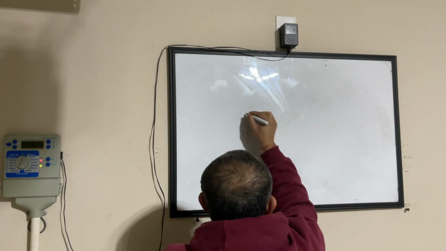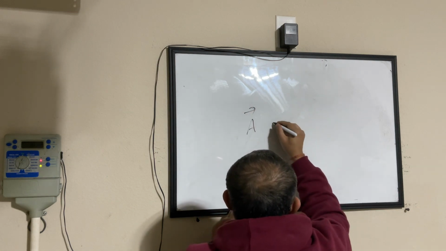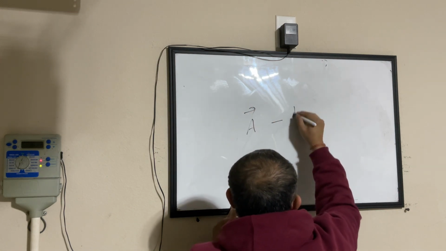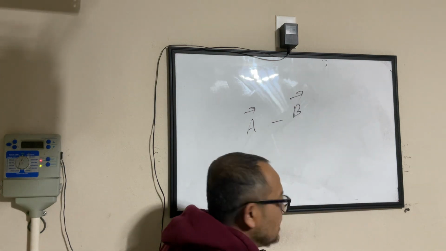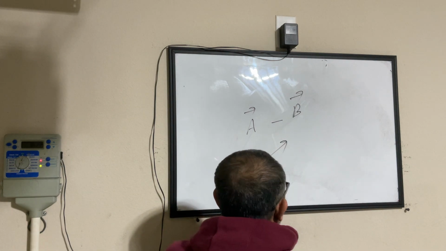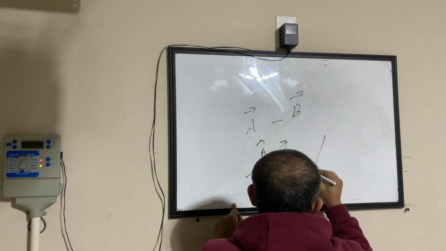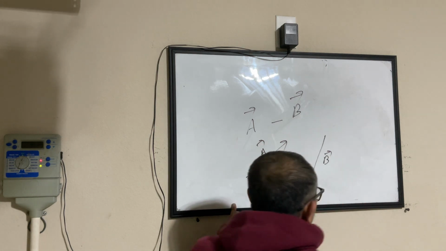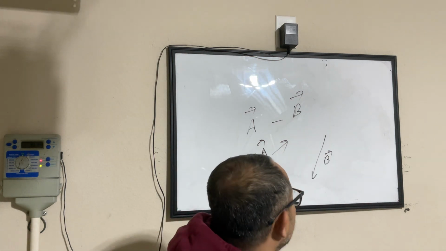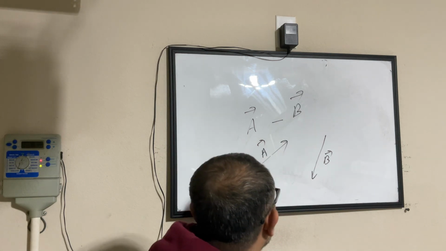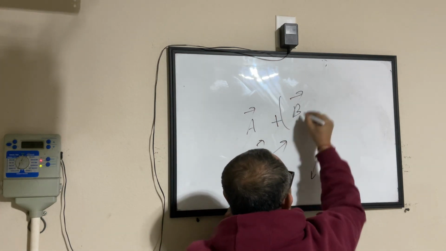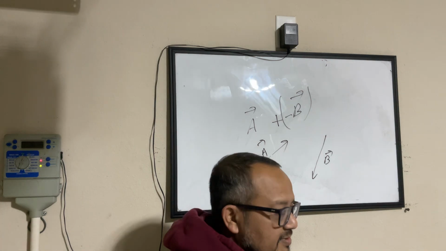If I am talking about A plus B, we saw. If we talk about A minus B, let's say this is my vector A, and this is my vector B. A minus B is nothing but, I can say A plus minus B. Okay?